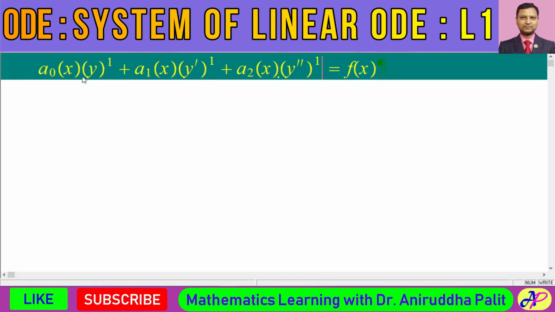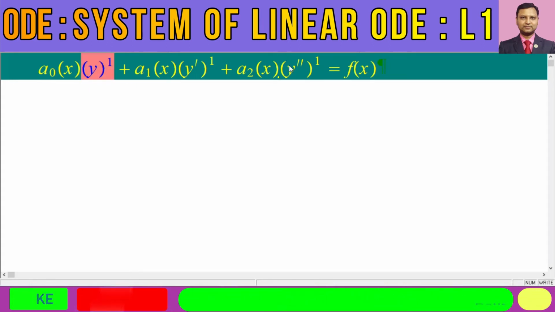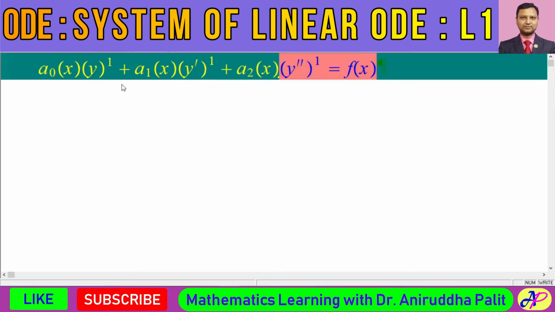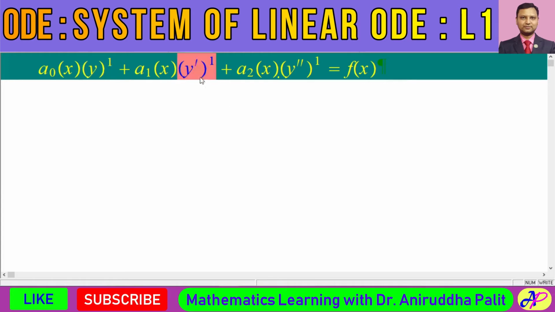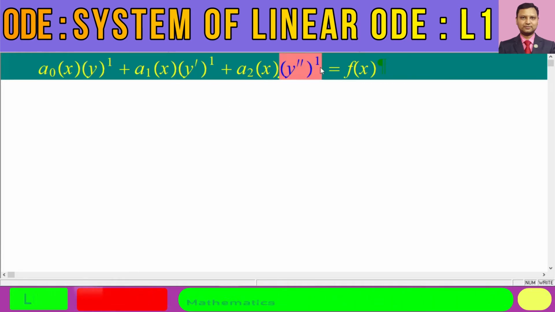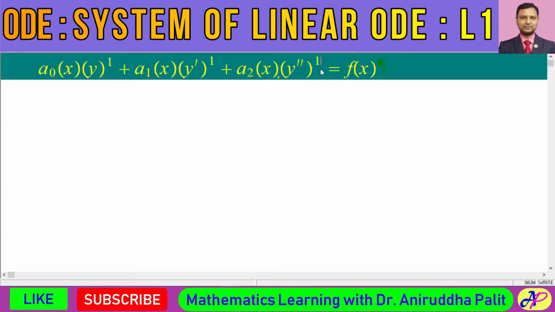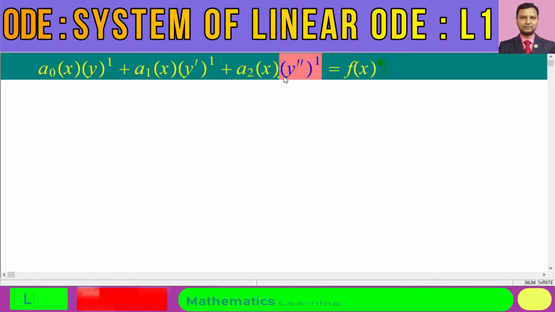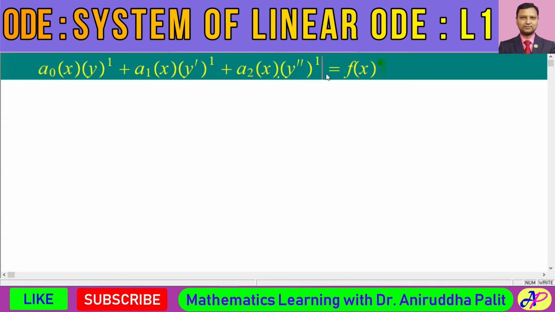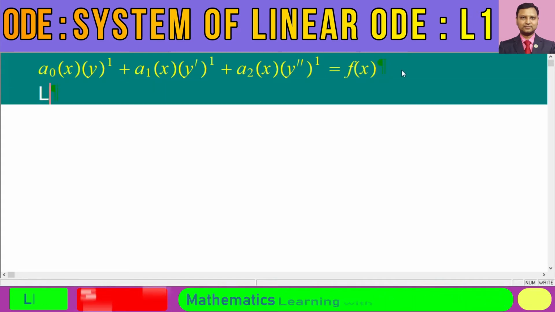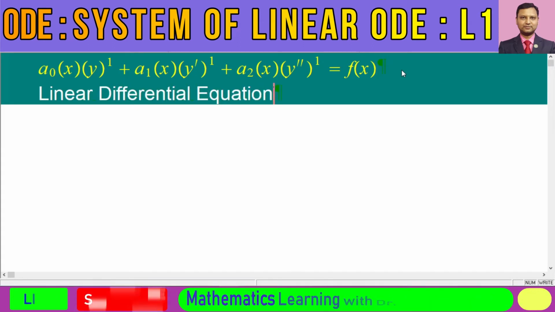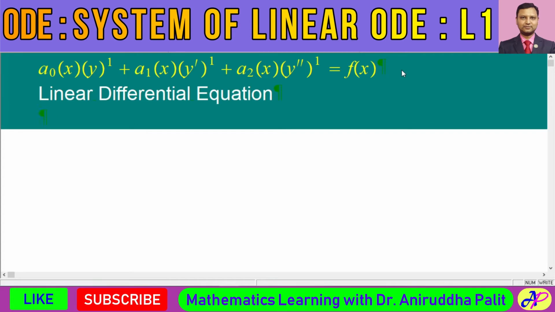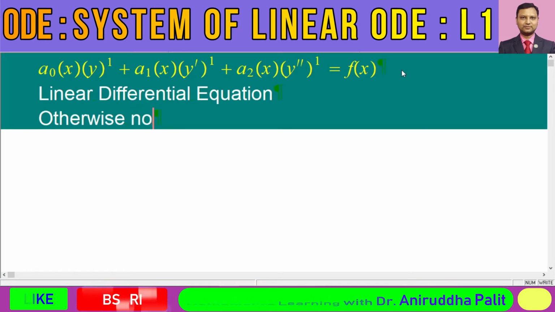So if a differential equation is written in such a manner that the dependent variable y and its derivatives have the power 1, then this kind of differential equation is called a linear differential equation. Otherwise, the differential equation is called nonlinear.